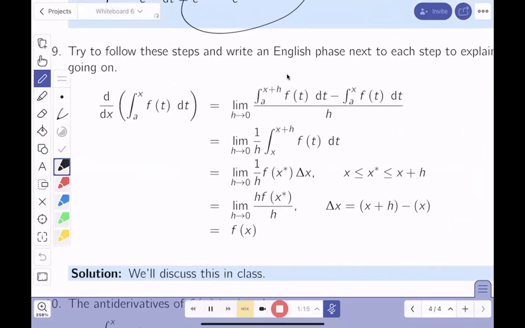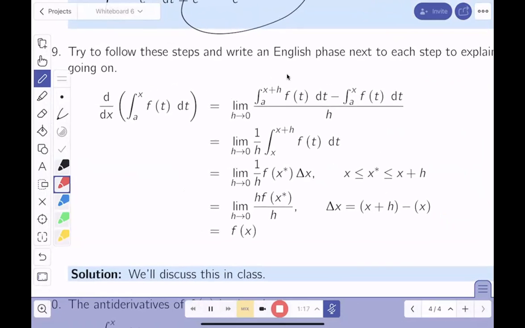Looking at this, I want to point out they are taking a derivative. And what it appears they're doing is the definition of the derivative. The limit as h goes to 0, this would be h. Then it's going to be the x plus h.